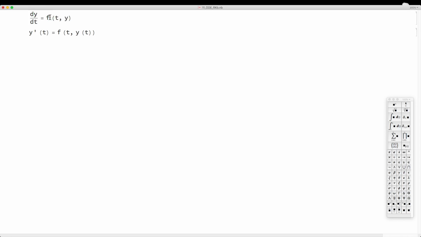And remember, y depends on the parameter t, which could be time. So we can write more explicitly this dependence as f of t and y of t, like so. But f can also explicitly depend on time t.